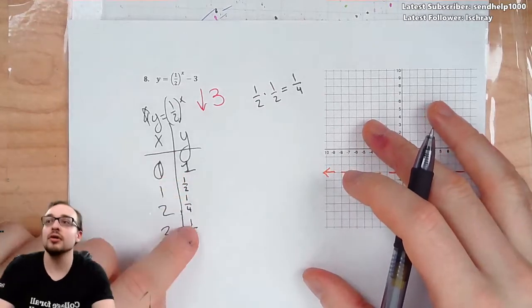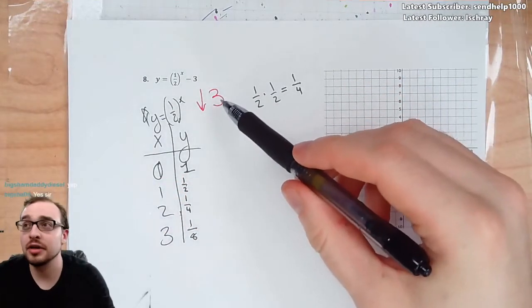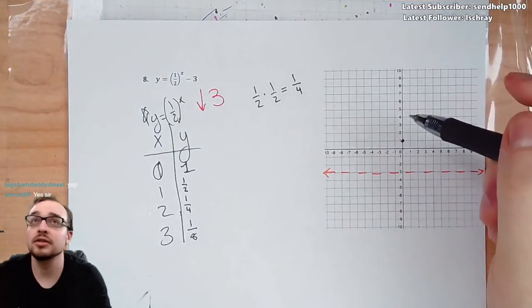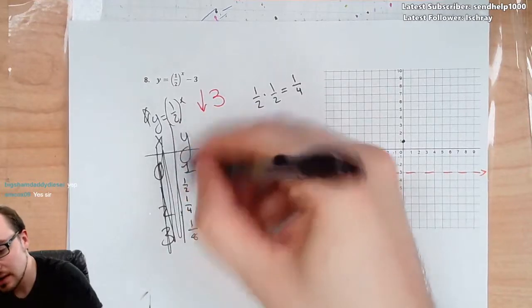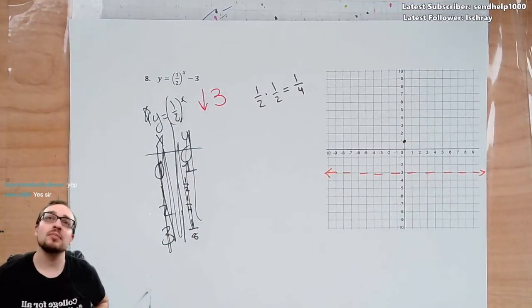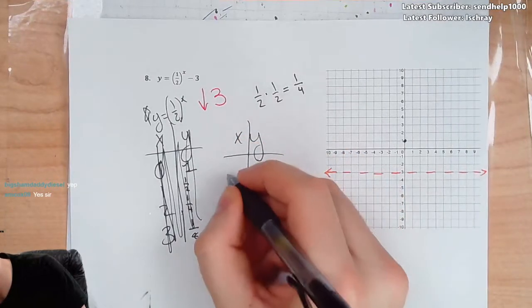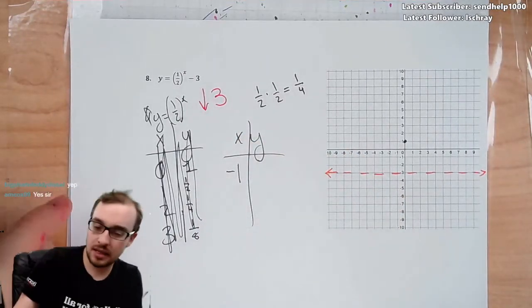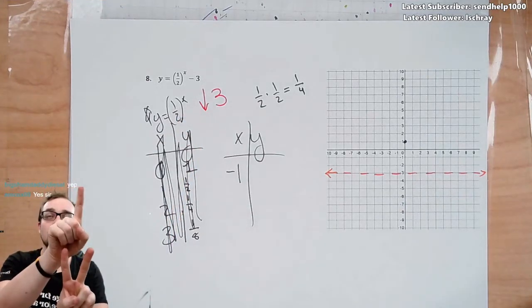So these numbers are gross. Because now I got to subtract 3, right? I got to move it down 3. That's gross. Let's pick better numbers to start with. When we have a fraction, we don't want to start with positive numbers. What we want to start with is negative numbers. Let's plug in negative 1. What's a half to the negative first? 1 over 2, right?